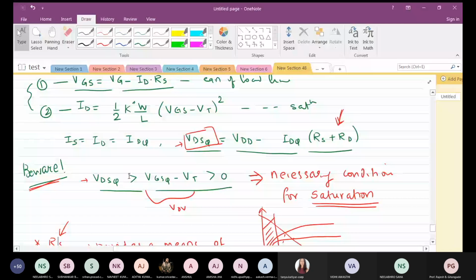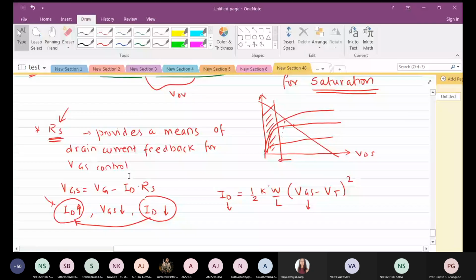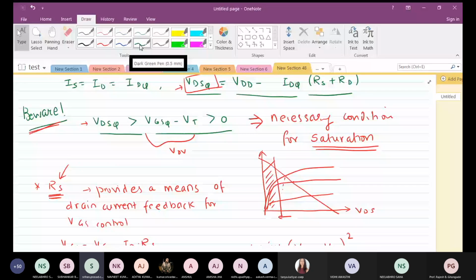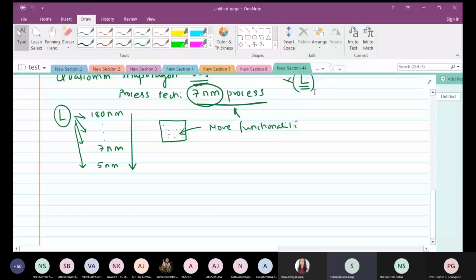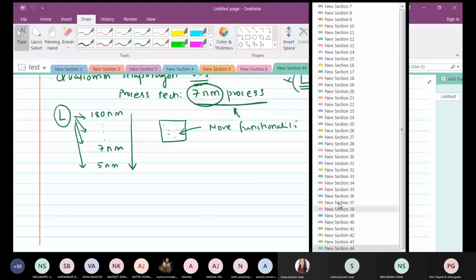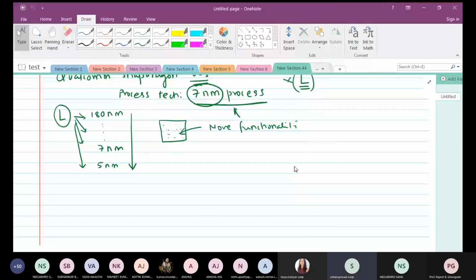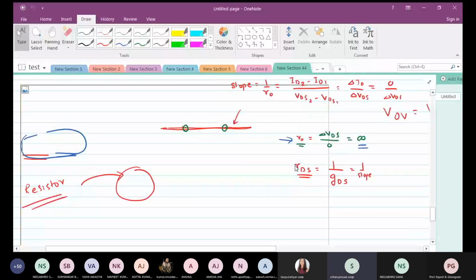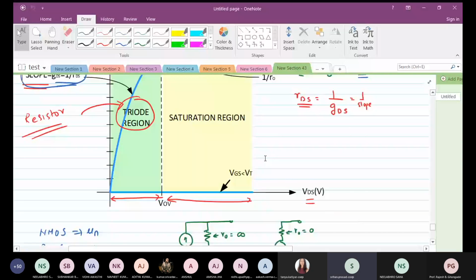We already know this. We have seen this long back, that your VDSQ... Let me go back to a slide where we have actually a... Here. Are you able to see this?